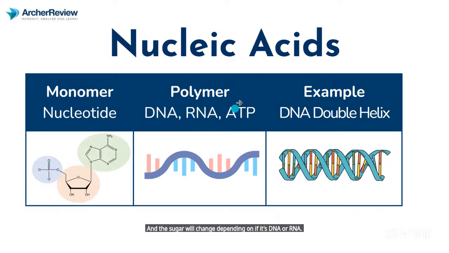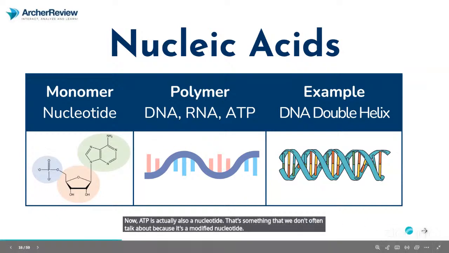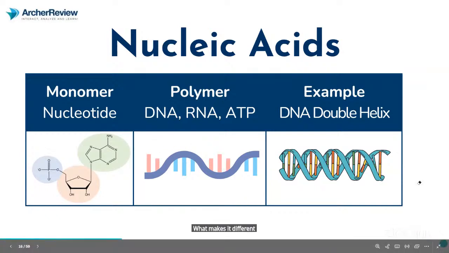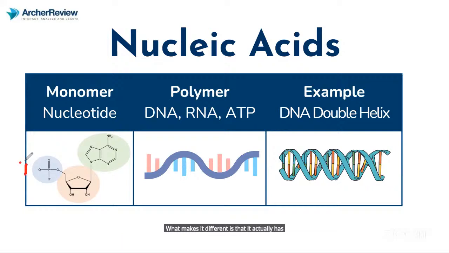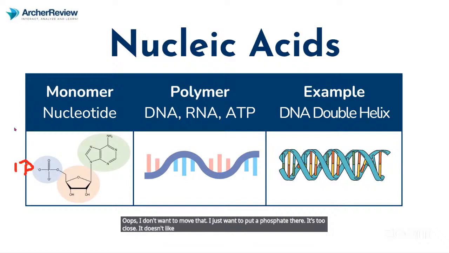Now, ATP is actually also a nucleotide. That's something that we don't often talk about because it's a modified nucleotide. What makes it different is that it actually has two more phosphate groups. So if I could put a phosphate there and a phosphate right here. It's too close, so let's move that out of the way.